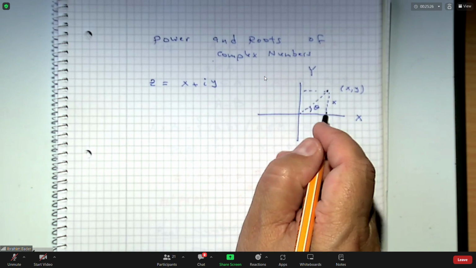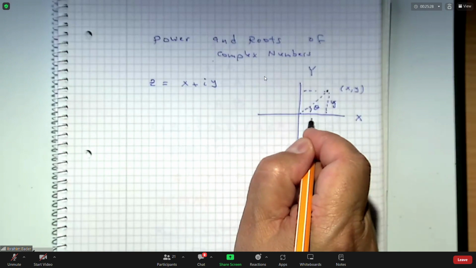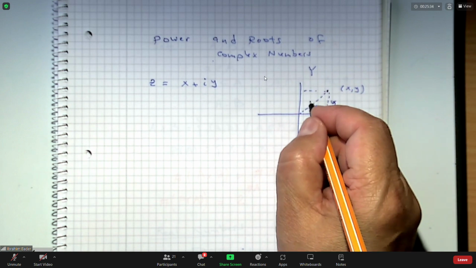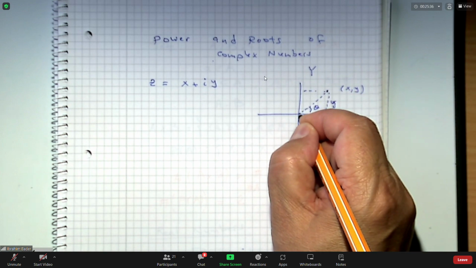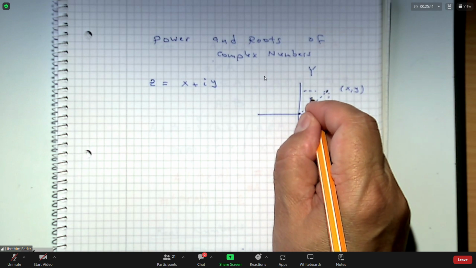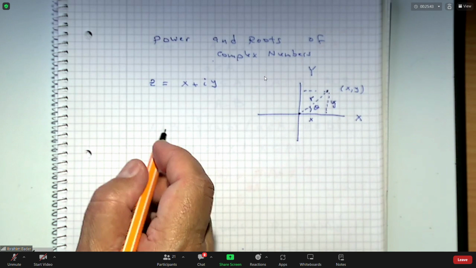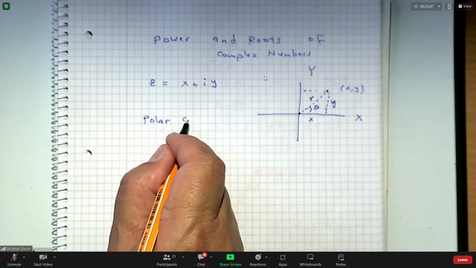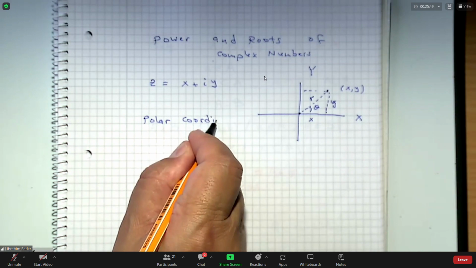If we consider the line connecting the point with the origin as r, then we have what we call the polar coordinates of a complex number.